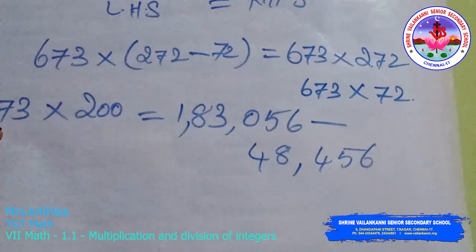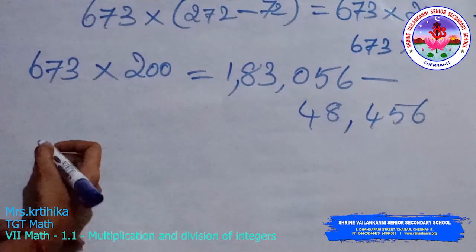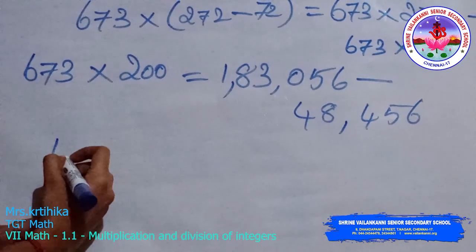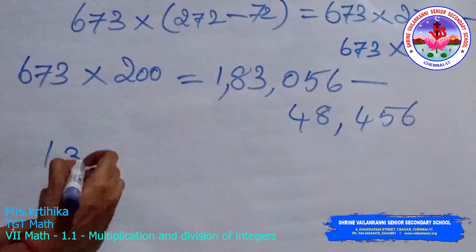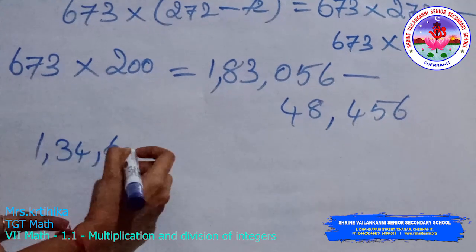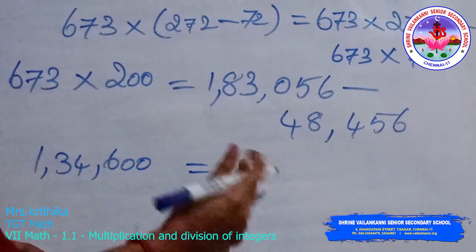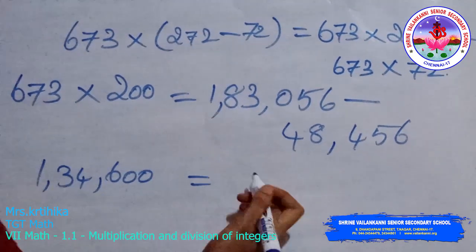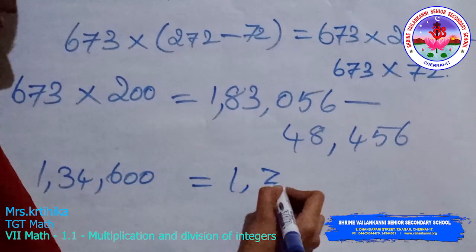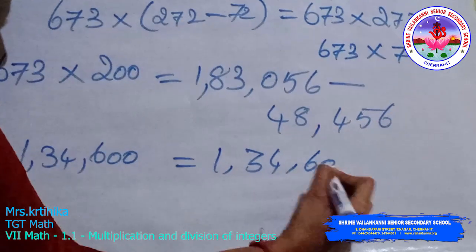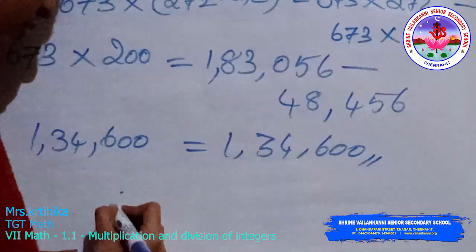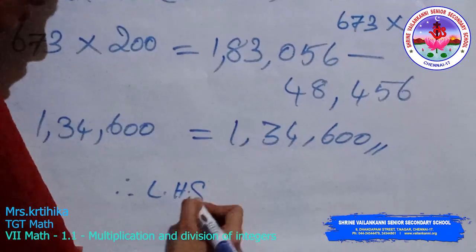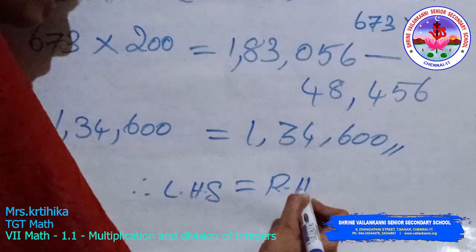Subtract these two, the answer is 1,34,600. So therefore LHS is equal to RHS.